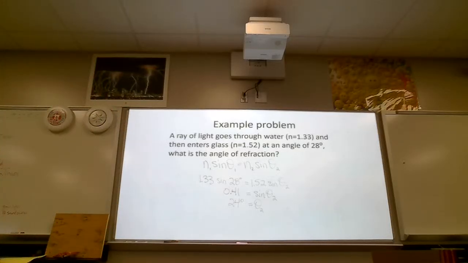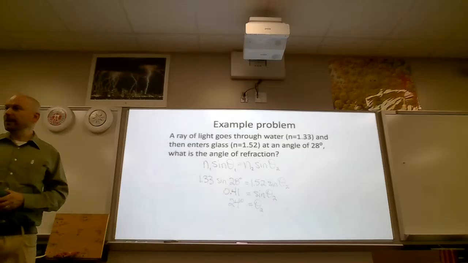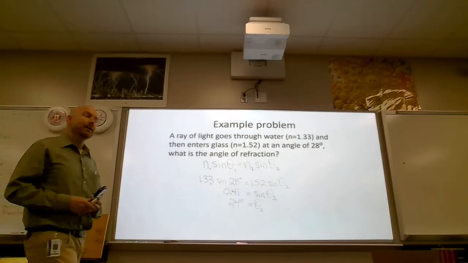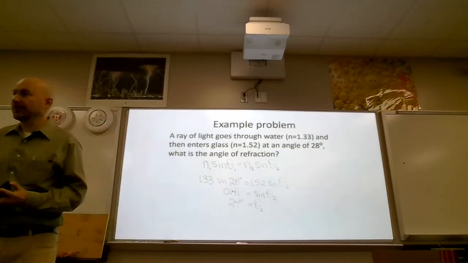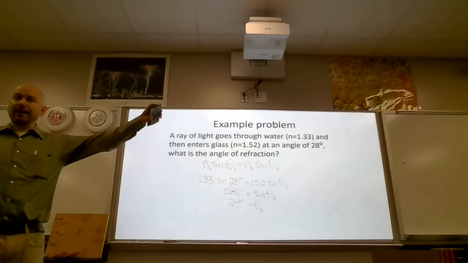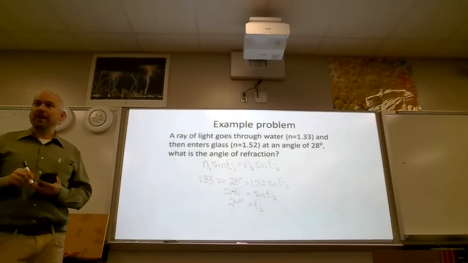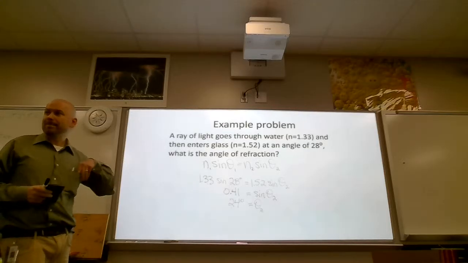How did that match your hypothesis? Did it bend away or towards the normal line? Towards the normal line. We always reference the angle from the normal line, so that angle is going to get smaller. Good? We've seen how the math and the theory correlate. We always measure from the normal line.